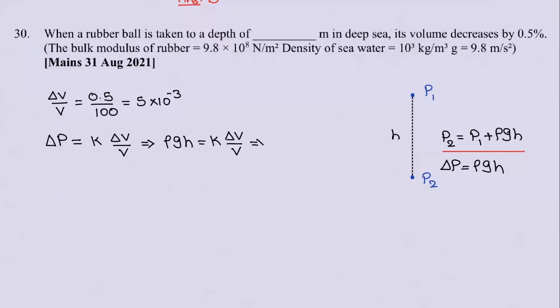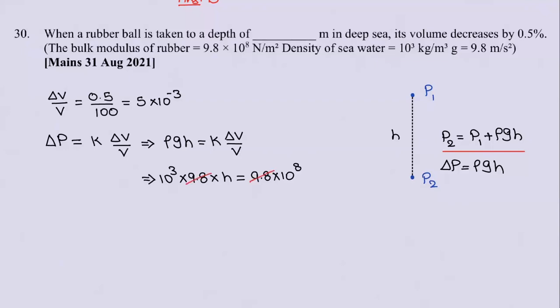Now substitute the data, you'll get the answer. Rho, density of the water, 10 power 3. G, 9.8. Rho GH, so that H we have to find is equal to the bulk modulus of the rubber, 9.8 into 10 power 8. But anyway, no need to worry about 9.8, it gets cancelled.